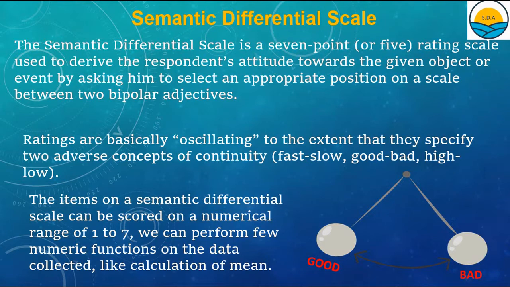However, these numeric scales are not provided to the respondents, but at the back end, the researchers can always use these scores for their analysis purpose. So, a variety of numeric functions and analysis can be done on the outcome of semantic differential scale. For instance, a calculation of mean, standard deviation, regression analysis, etc.